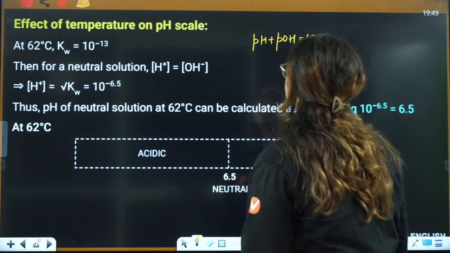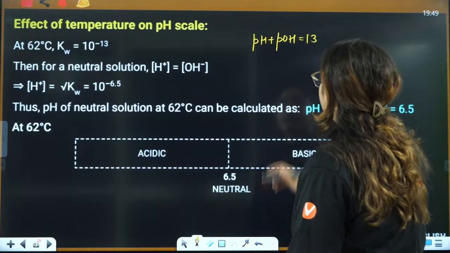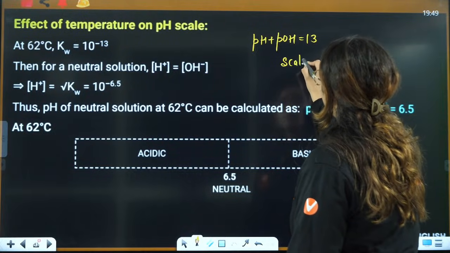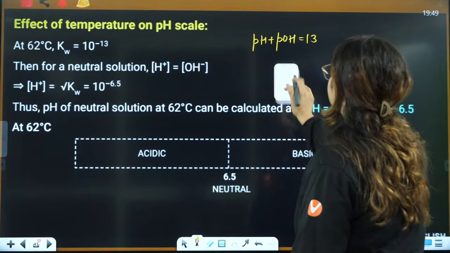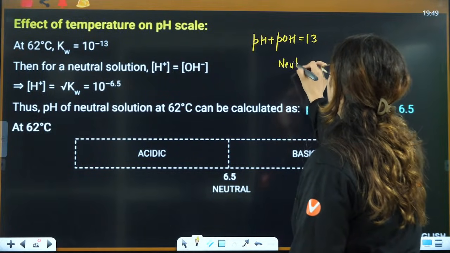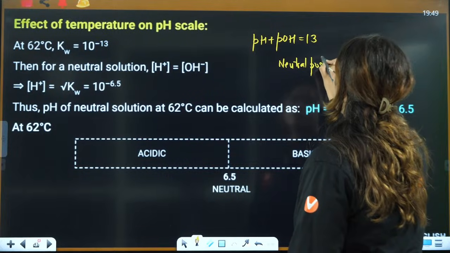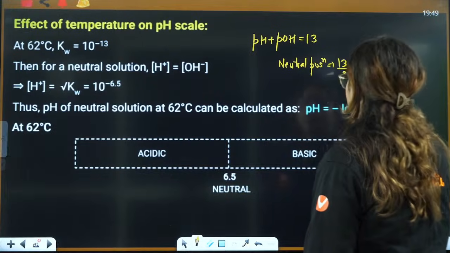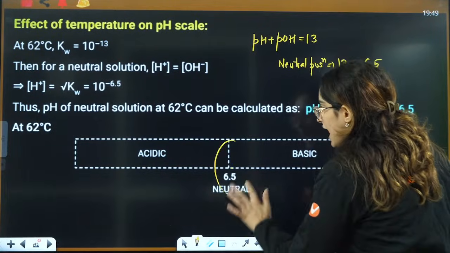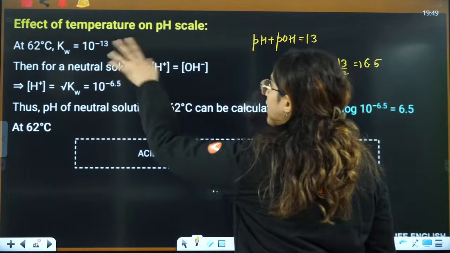The scale is going to be half of it, that is 13 by 2, that is 6.5. So neutral will be at half of what you have here.